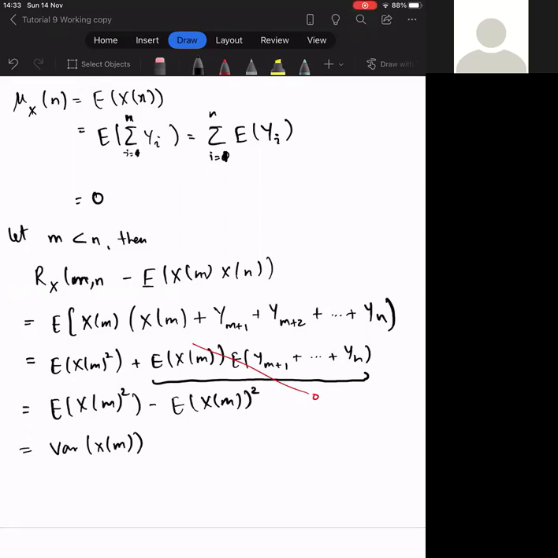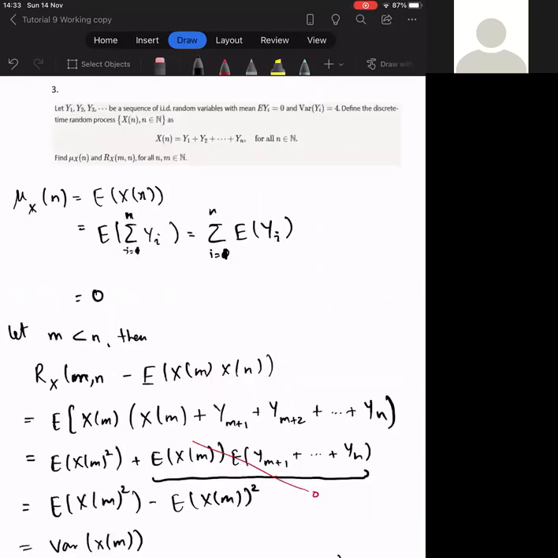So this is equal to variance of y1 plus variance of y2 and so on till variance of y m. So this will equal 4m. Okay, 4m क्यों? Because we know that individual yi की variance is 4. We're summing it up m times, so this will just be 4m.